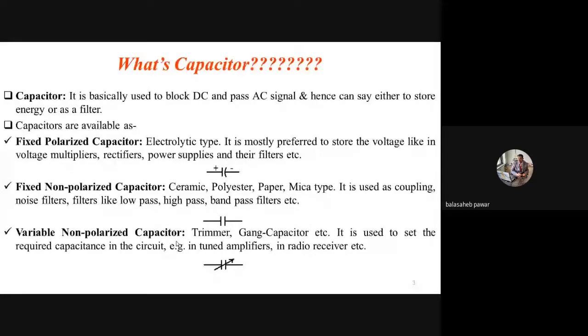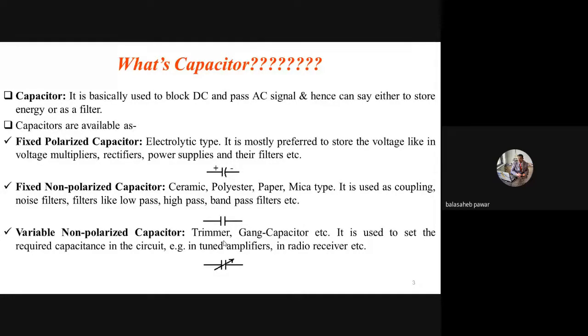The next one is variable but non-polarized. You might have seen the old radios. There is a need to tune the radio properly to hear a particular station, right? The capacitors in that application are used in tuned amplifiers.